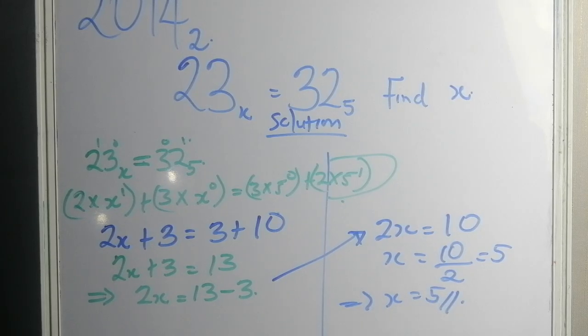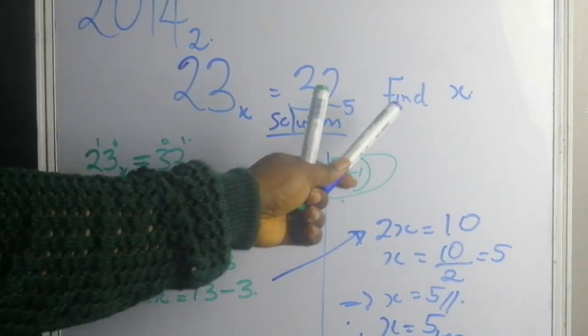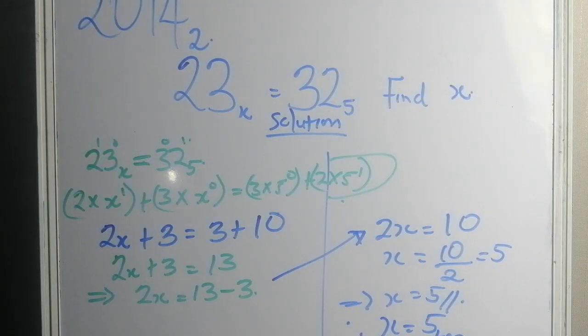Now x is equal to 5 in base 10. Don't forget, x equals 5 in base 10, because we converted to base 10. Let's assume in this question they said find x in base 2. After you get your value x equals 5 in base 10, follow the way we normally convert to binary, either order basis.